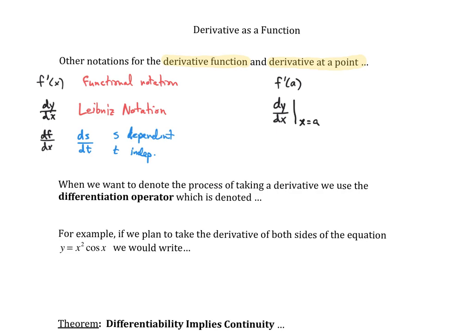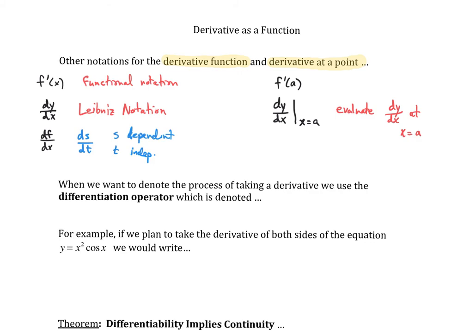This basically means take your derivative dy dx and evaluate it at the point x equal to a. All right, so these are different ways that we can describe the derivative at a point.